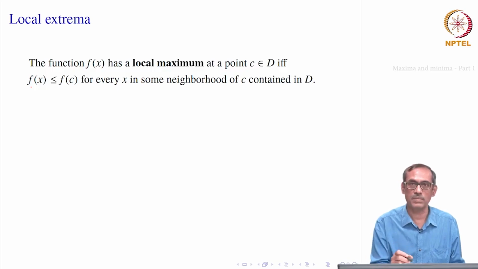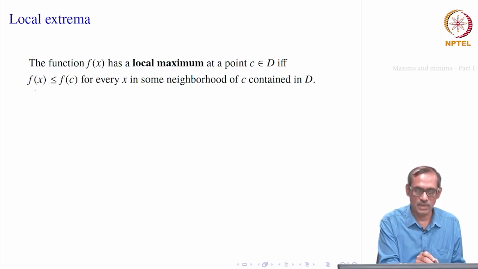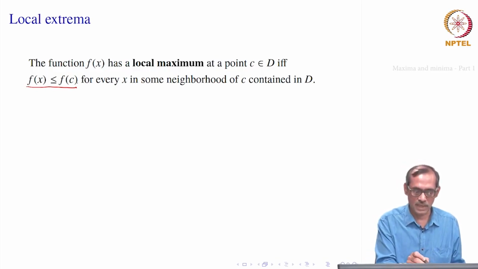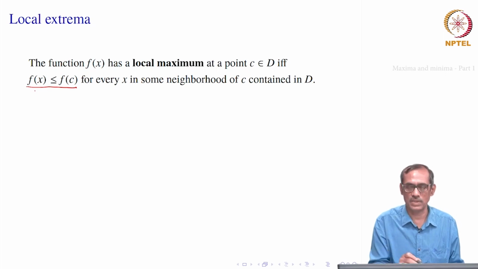Sometimes absolute maximum is also called global maximum, absolute minimum global minimum, absolute extrema global extrema, and corresponding to it we have another notion called local maximum. What happens here? The same inequality holds, that is, f of x is less than or equal to f of c, where c is a particular point in D. We will say that the function has a local maximum at this point c when every value f of x is less than or equal to f of c, but now x does not vary over the whole domain D, only over some neighborhood of that point c.